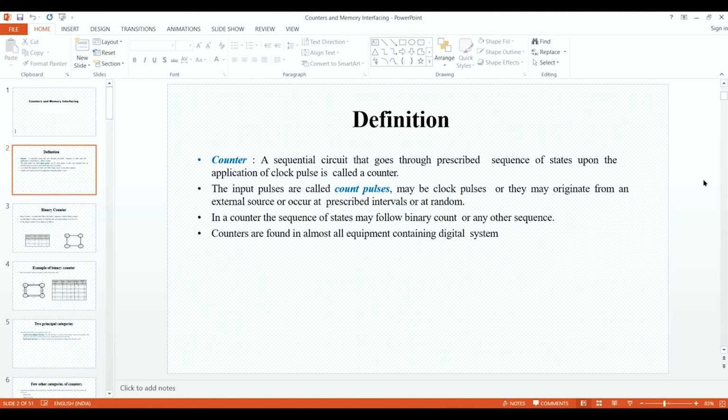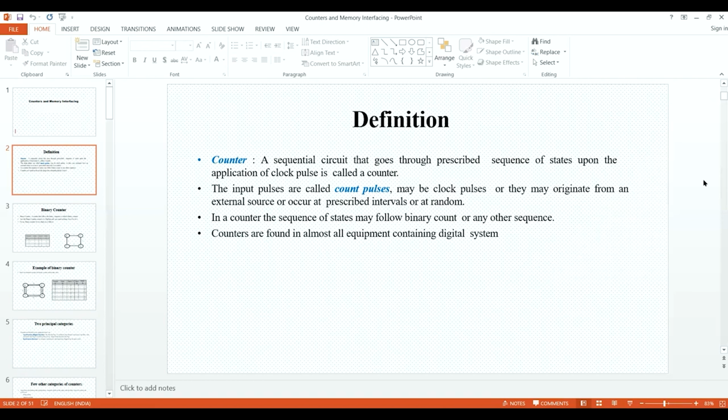Here we are talking about the clock. In that video I also discussed pulse and clock. I gave an example of ECG. If you remember, in an ECG we have P, Q, R, S, and in this we can see that they are pulses. We say it's a pulse, we don't say it's a clock.